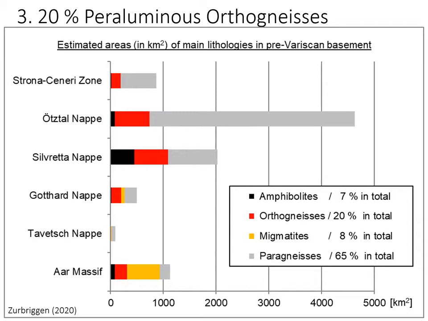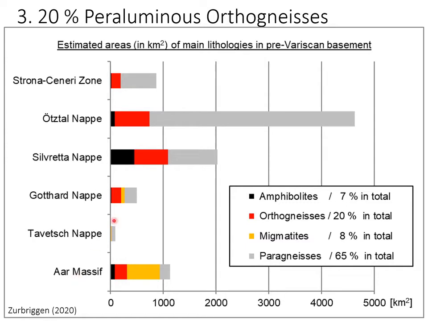If we analyze a type of magmatism, it is important to estimate the proportions. So I did this for these different basement units as they are listed here, from top to bottom.